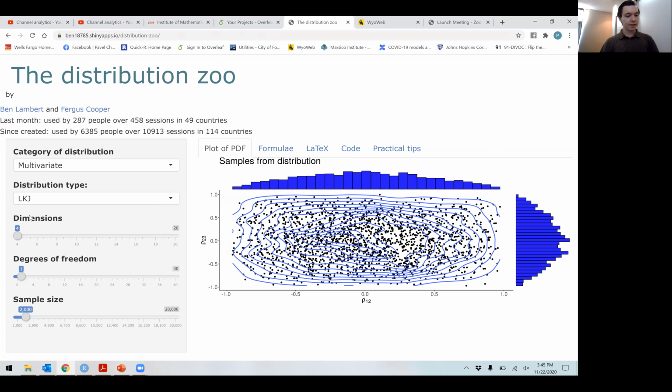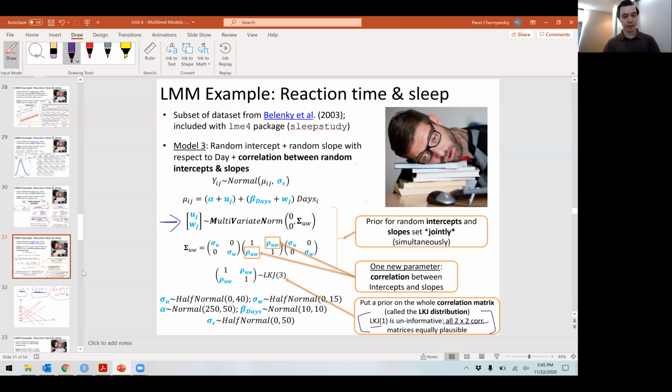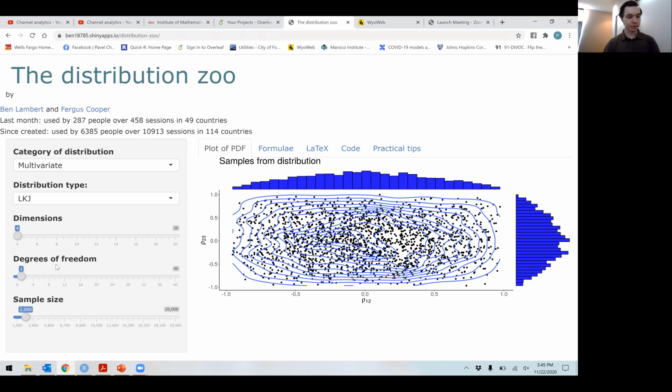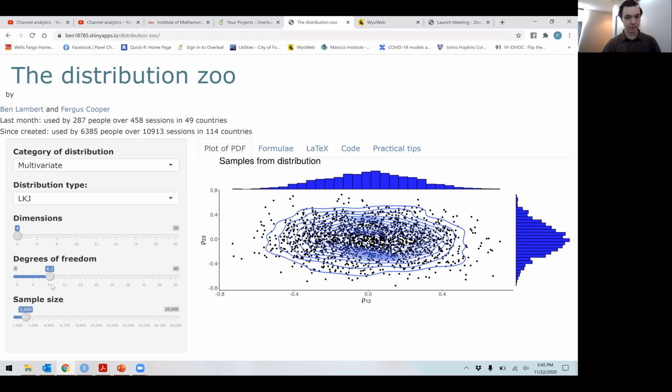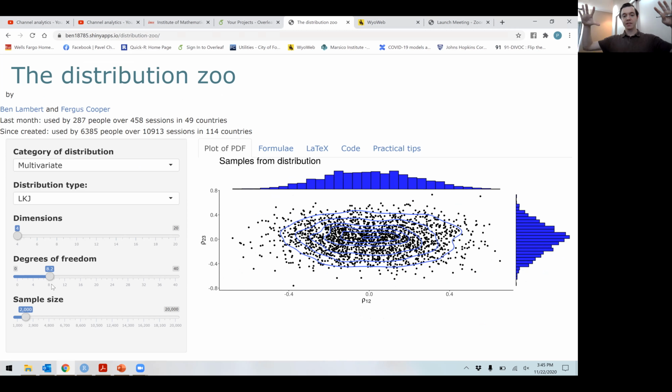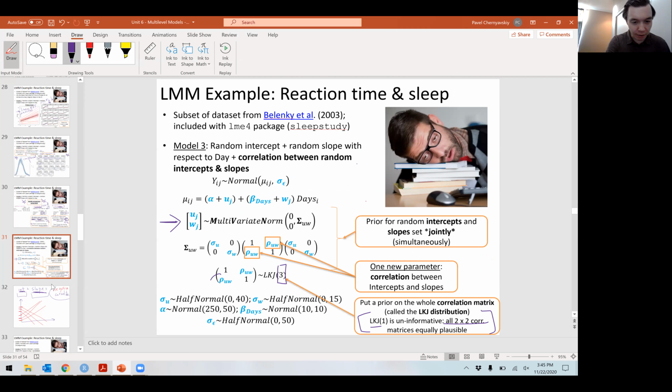Here's what happens when I start to increase this, what Ben Lambert calls degrees of freedom. That's this term right here. Here's what happens when I increase it to about 8. You see what happens? We start to consolidate the correlation terms. We start to consolidate these off-diagonal terms.